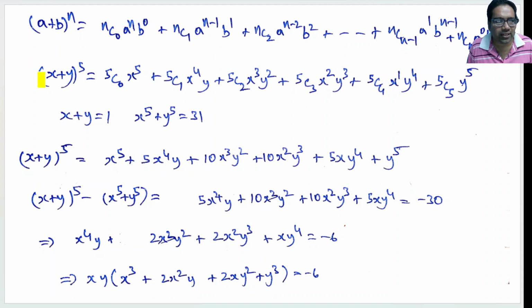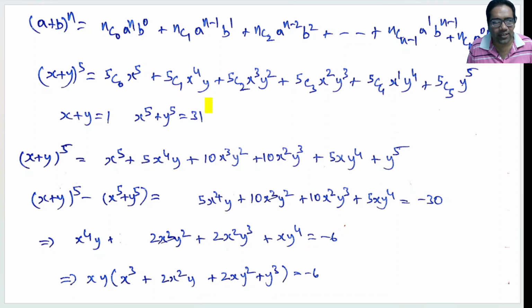Let us use this for x plus y whole power 5, which becomes 5C0 x power 5 plus 5C1 x power 4 y, 5C2 x cube y square, 5C3 x square y cube, 5C4 x y power 4, 5C5 y power 5, right? Now we know nC0 is 1, nC1 is n.